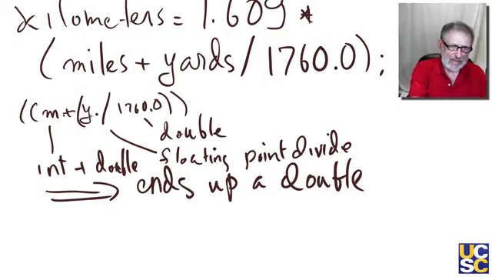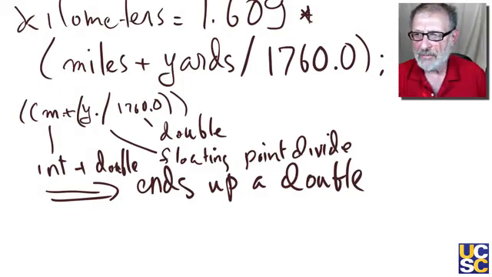So I didn't write out miles, I didn't write out yards, but I'm condensing this expression and adding parentheses. And those parentheses indicate the order in which the expressions are done.